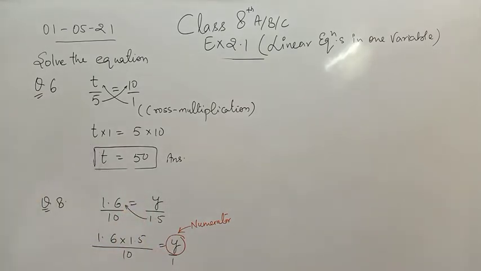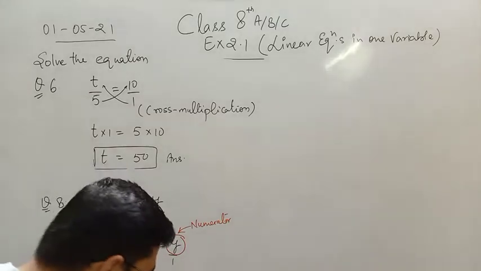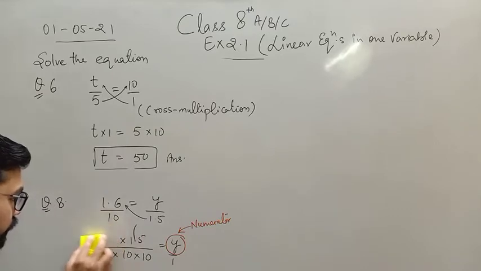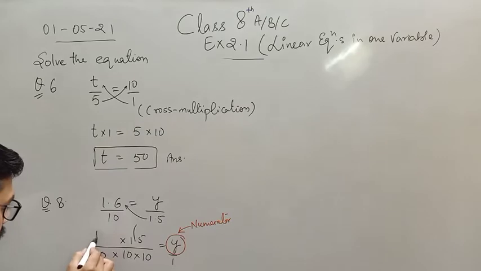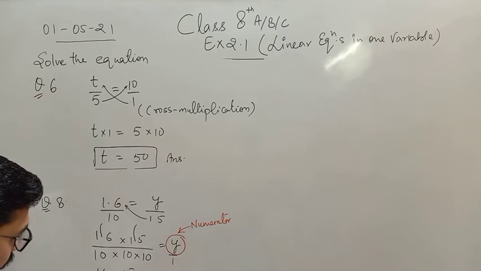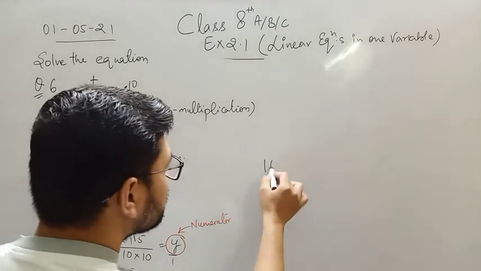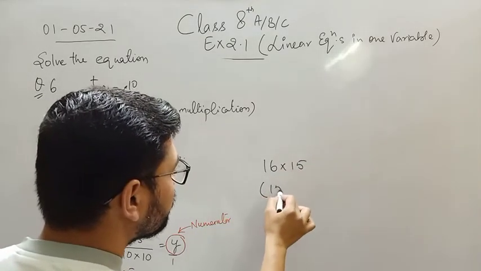Now I just need to solve this value. If I remove this decimal, I just need to put 10 in the denominator. Similarly, if I remove this decimal, I put 10 here. Now 1.6 becomes 16 and 1.5 becomes 15. 16 into 15, can I use distributive property here?